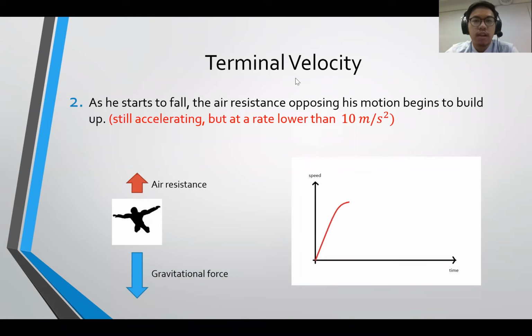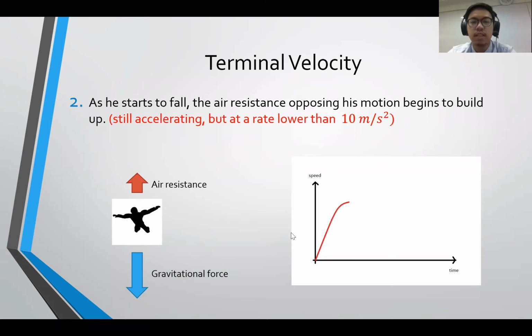As you are falling, you are getting faster and faster, and the air resistance will start to take effect on your body. Remember, speed affects air resistance. The faster you fall down, the more air resistance you will feel.